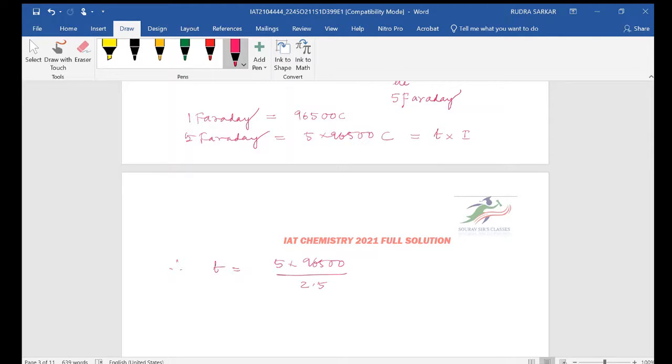So coulomb is basically ampere seconds divided by the ampere over here.